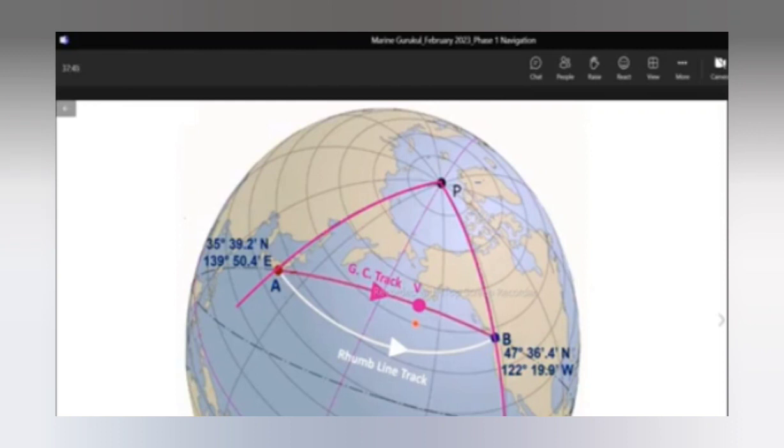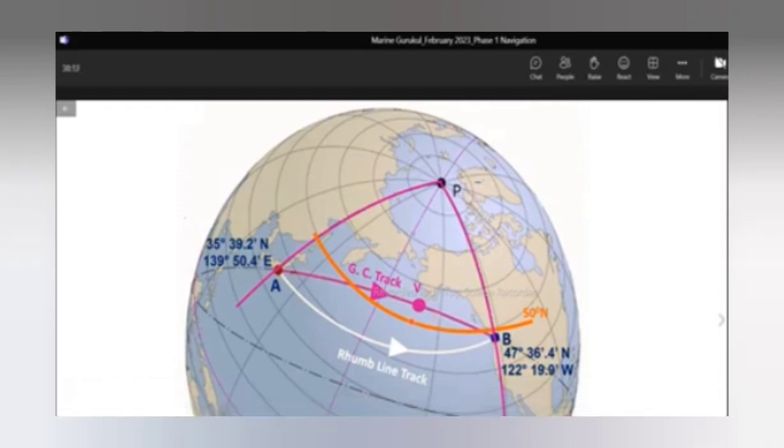Let us say, factoring in all the requirements, in our case, we decide to limit the latitude to 50 degrees north. So here comes the parallel of latitude of 50 degrees north, and now obviously it's very clear that the vessel cannot go from A to B along the GC track because some part of it is crossing the limiting latitude.